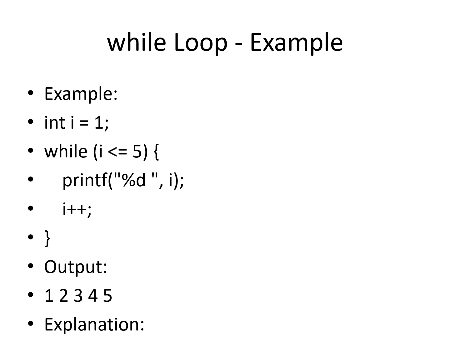But in the while loop, first we initialize the variable, then we check the condition, and then we increment it. It does the same work as the for loop: first it checks i is less than or equal to 5, then it prints i, then increments it by 1, then checks again, prints 2, and up to 5 it will print.